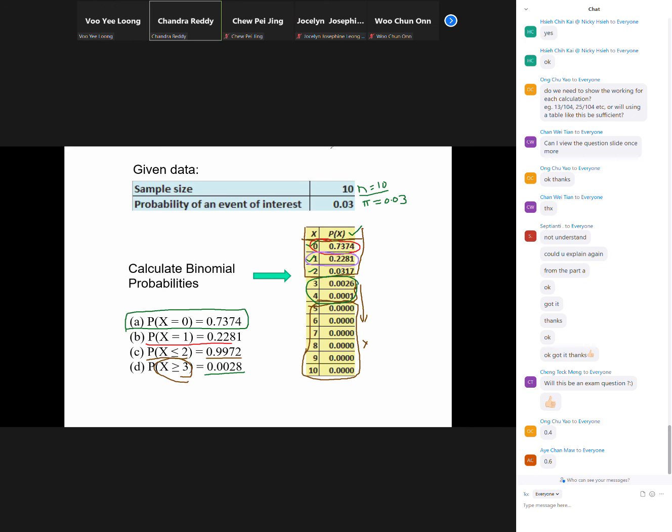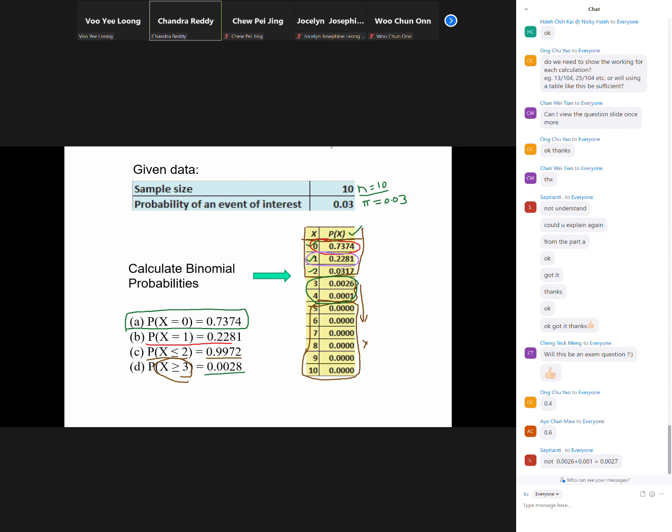Is that clear, guys? Any questions? Any doubt on this? Satyani, you observed clearly that sometimes, because of rounding of the figures, the last digit may vary. The reason 0.0028 is coming is that the calculation is simply 1 minus 0.9972, because the total probability should be 1.